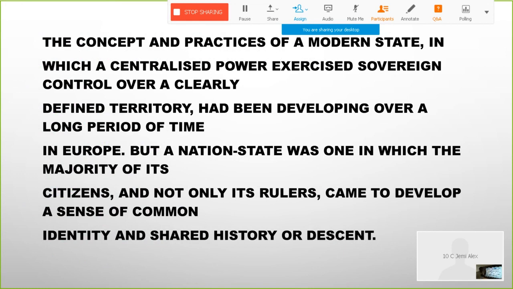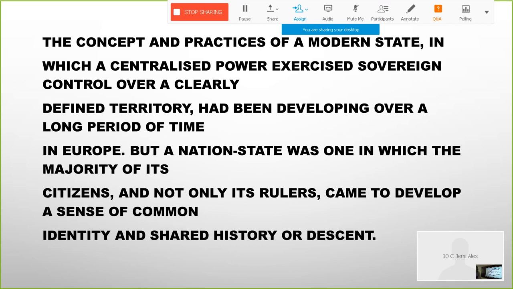And in the concept of the modern state, it has a centralized power. And this centralized power is exercised by control over a clearly defined territory.